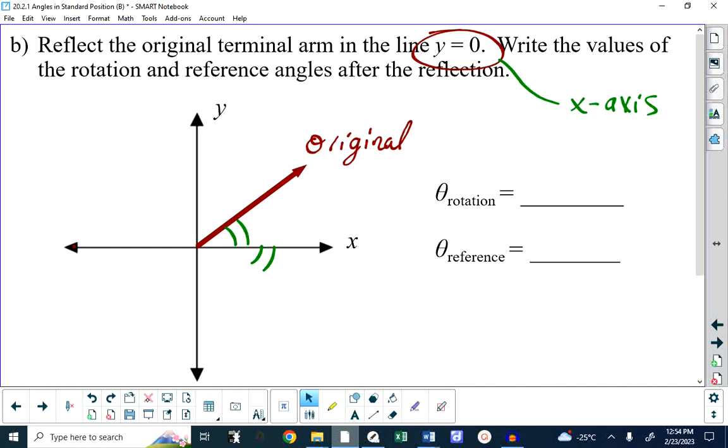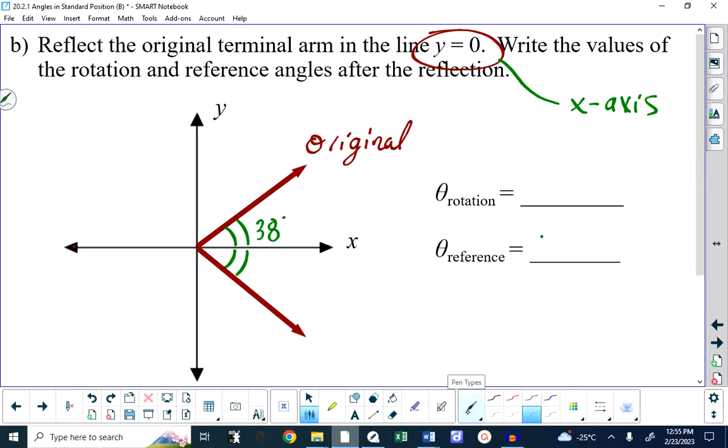Okay, so the reason why I did this is I just want to make sure that when I draw this reflected terminal arm, I draw it at kind of the same angle up as it is down. So we already know that this reference angle is 38 degrees. When you reflect that original terminal arm in either axis, the reference angle stays the same.